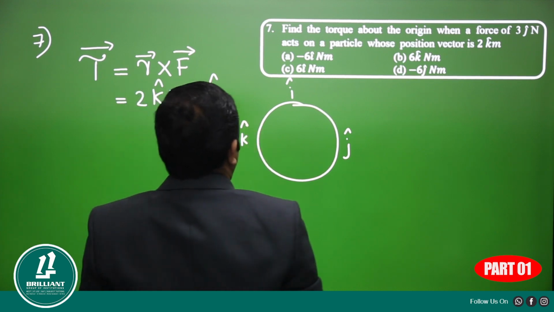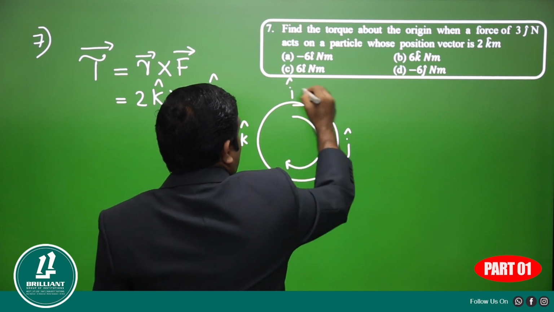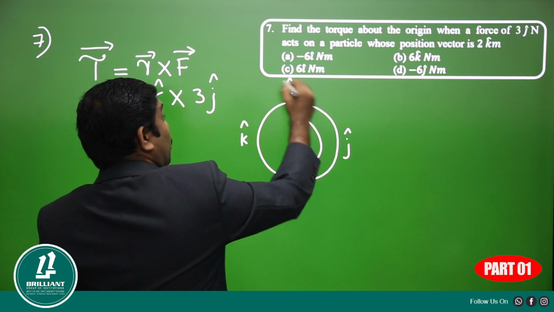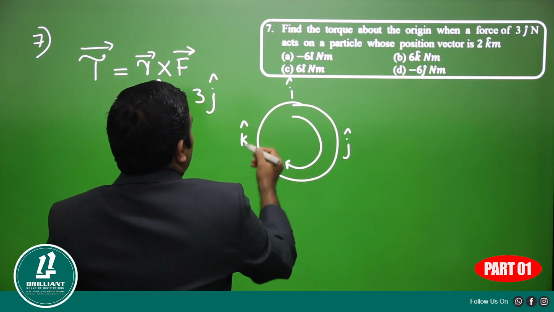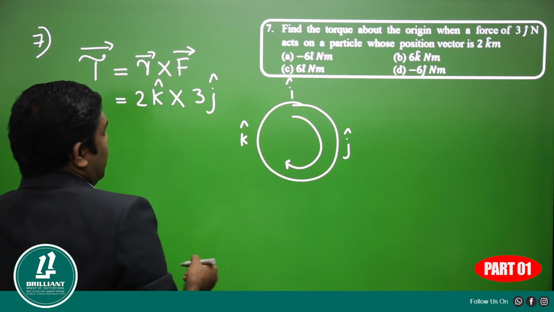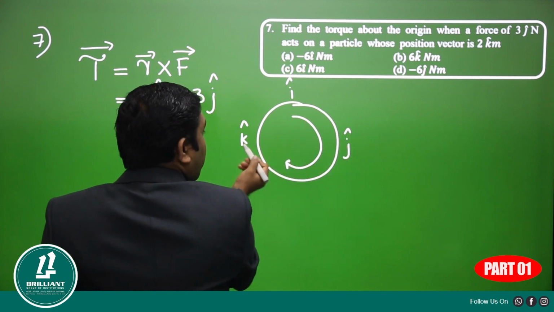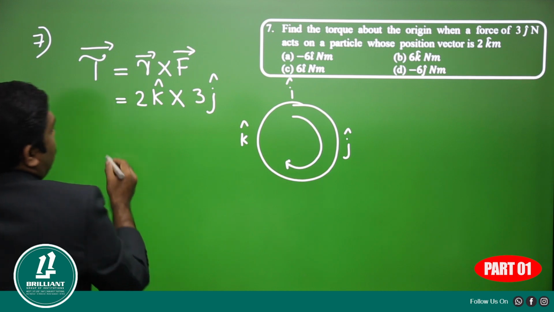What is I cross J? This is a sense. I cross J equal to K. K cross I is equal to J. Now J cross K is equal to I. Now if it is reversed, that is, if it is K cross J, because it is opposite of the sense, that's why a minus I cap is coming.